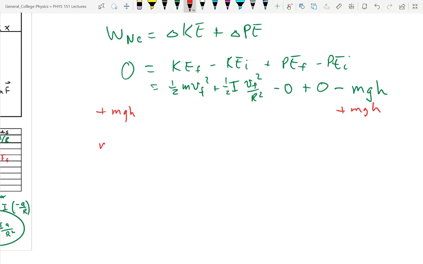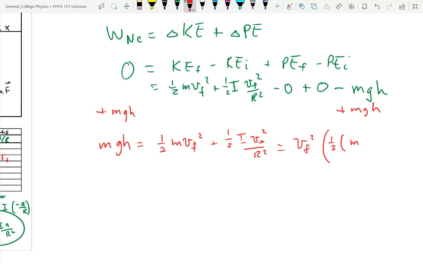And I have mgh equals 1/2 m V final squared plus 1/2 I V final squared over R squared, or it's equal to V final squared times 1/2 times M plus I over R squared.